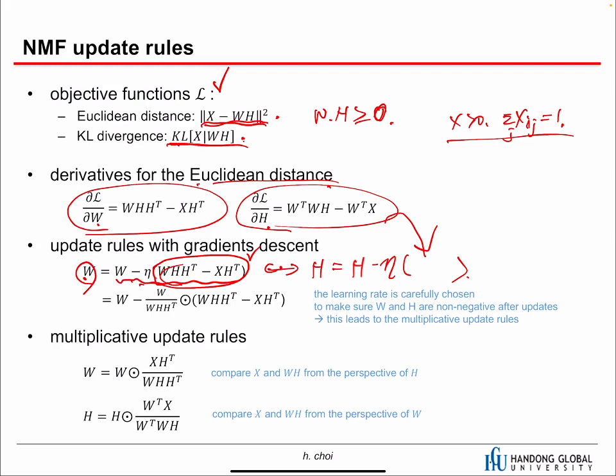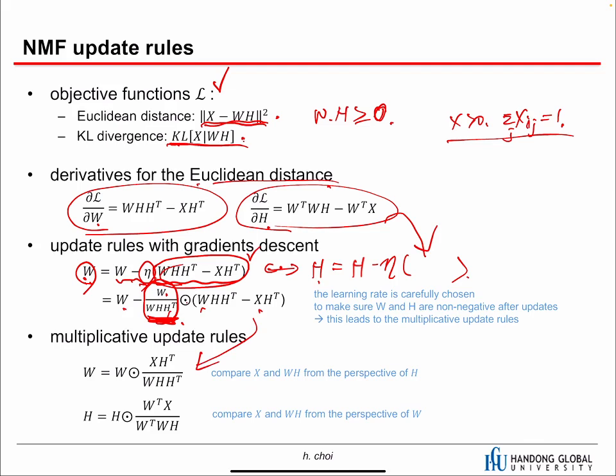So we have to make sure that after this update, W should be positive, and after this, H should be positive. If we choose the learning rate really carefully, as an element-wise learning rate, this is our choice. Then this is element-wise multiplication, so we can cancel this one, and we have W, then we can cancel. So finally, we have this update rule.